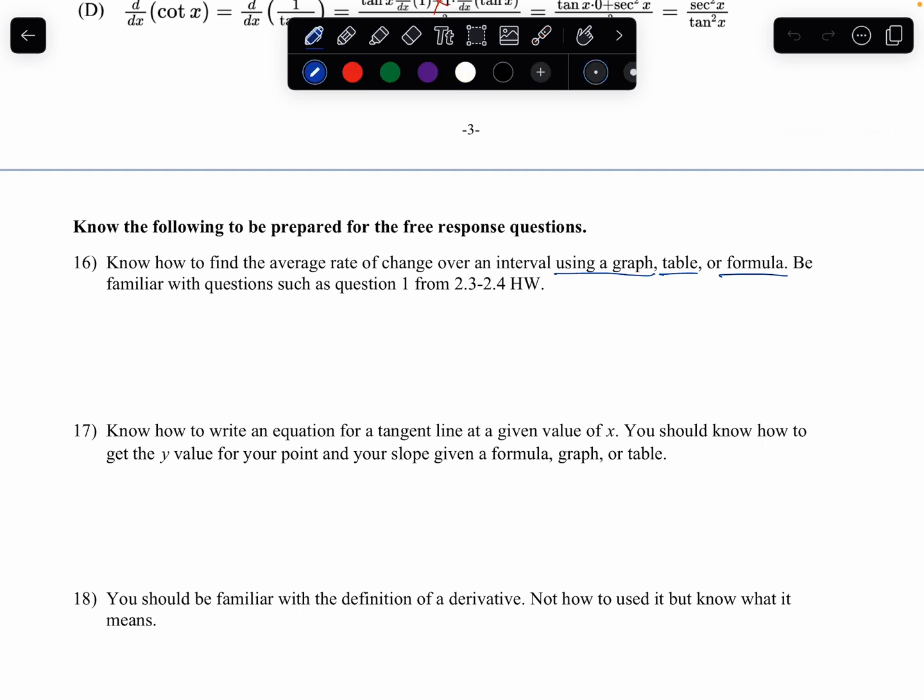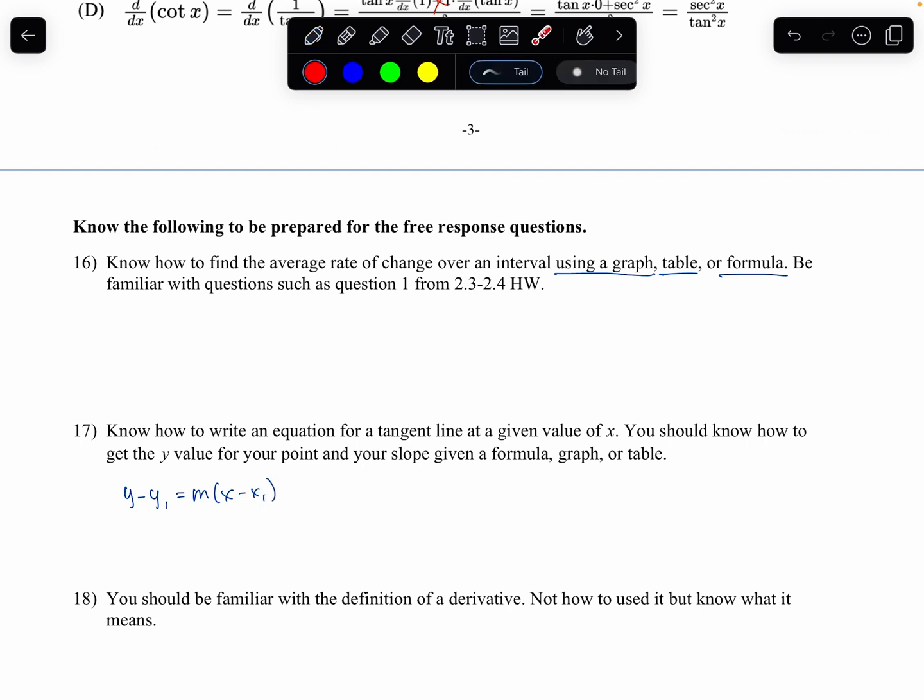Know how to write an equation for tangent lines at a given value of x. You should know how to get the y value of your point and your slope given a formula, graph, or table. So tangent line, y minus y1 equals m times x minus x1.